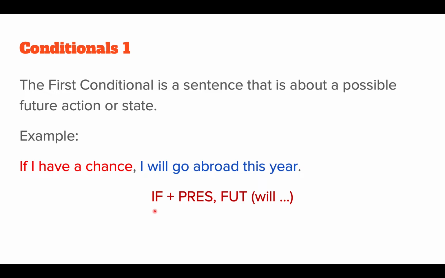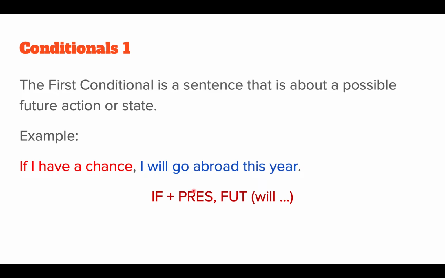You have the if. In the part of the sentence that the if is, you're going to see the verb in the present, right? Have is a verb in the present. If I have, if I do, if I am, if I play, if I go out, if I go to the club, if I go to the beach, right? This is the condition for the future with will to happen.